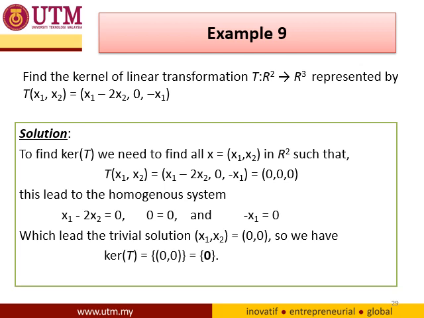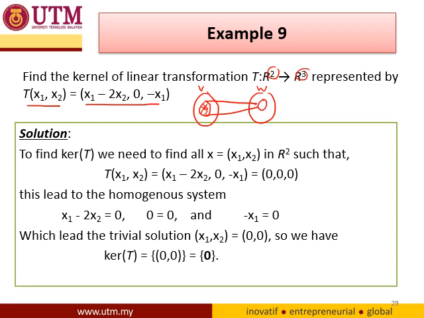Let's look at the next example, example number 9. They ask us to find the kernel of the linear transformation, the transformation from R2 to R3 represented by this equation here. Alright, this is the transformation, and this is the equals to. And then to find the kernel, we know already that for kernel, we have our V, let's say W. So we know that any vector here from V will point to 0.